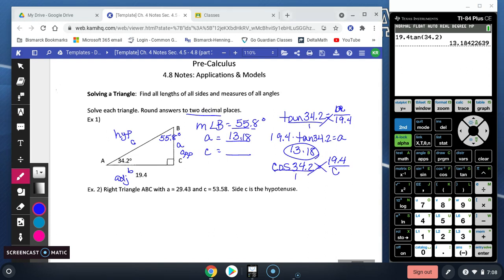This time when you cross multiply, you're going to get c times the cosine of 34.2 equals 19.4. So to solve for c, I'm going to have to divide by the cosine of 34.2.